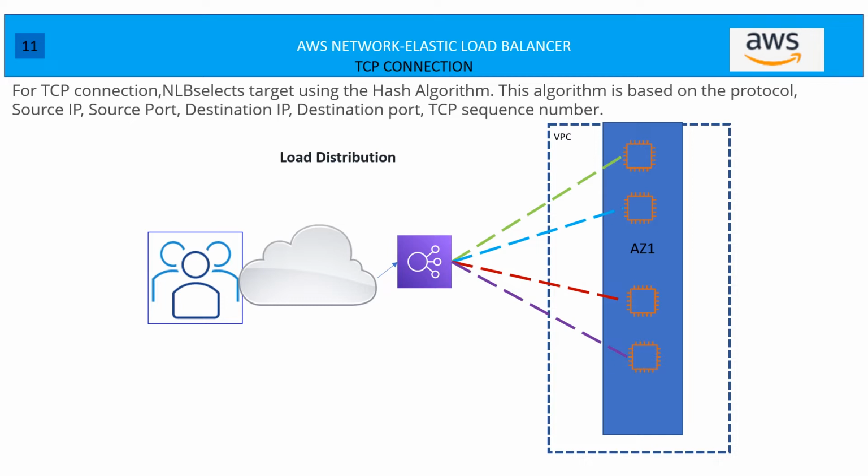So how does the load balancing work? You're not going to find any options to choose the algorithm like round robin or weighted, which comes with other load balancers. But here for TCP connections, NLB selects a target, and the target is going to be these EC2 instances.